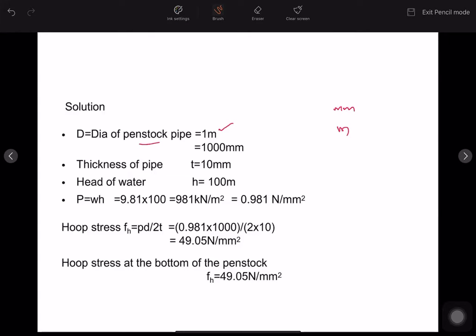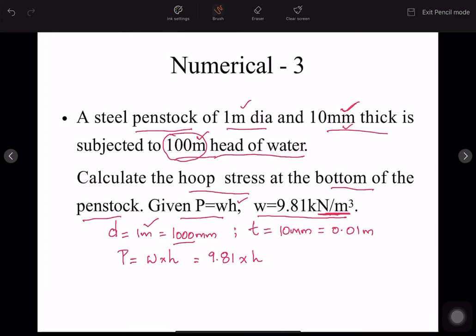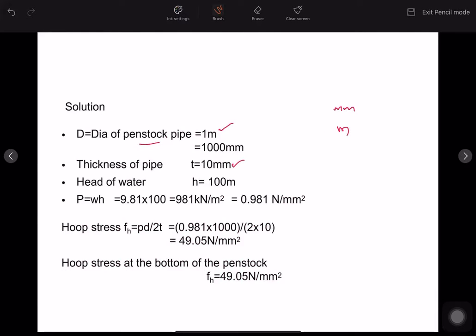So thickness of pipe is mentioned as 10 mm, right, and head of water is 100 meter. Like I have mentioned, P is equal to W into H. If you observe, this W value is given as 9.81. That value is for water.